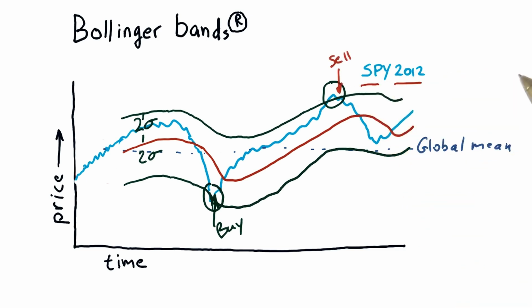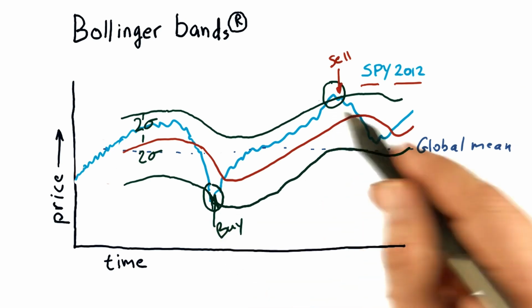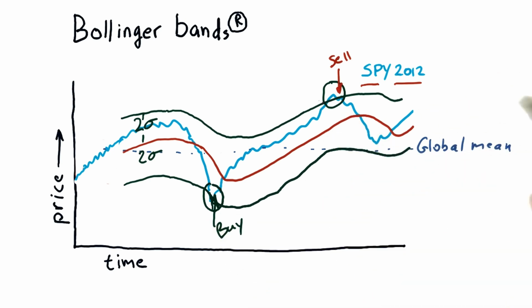And as you can see in this particular case, if we had bought here and sold there, we would have done great. But if you look at many examples of this, it's not always so great. So don't run off and start trading, but just be aware that this is an example of a technical indicator and how you might involve it in a trading strategy.